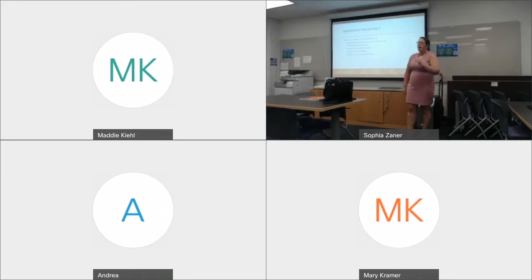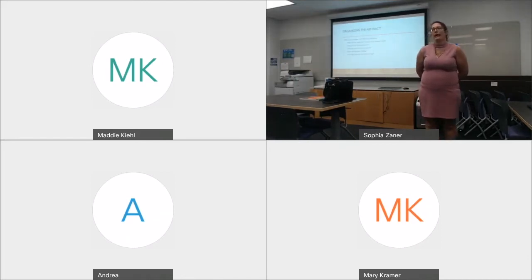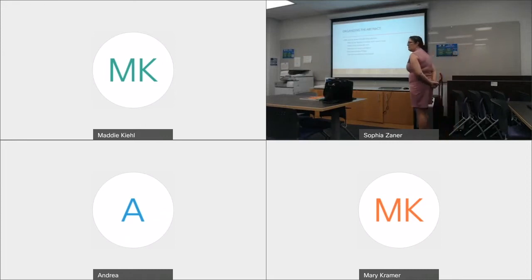All right, so what are some of the things that should go into each of these items? These are just some tips that I have in terms of questions that should be addressed in each particular section. So for example, when you're organizing the abstract, you want to make sure you answer these questions.